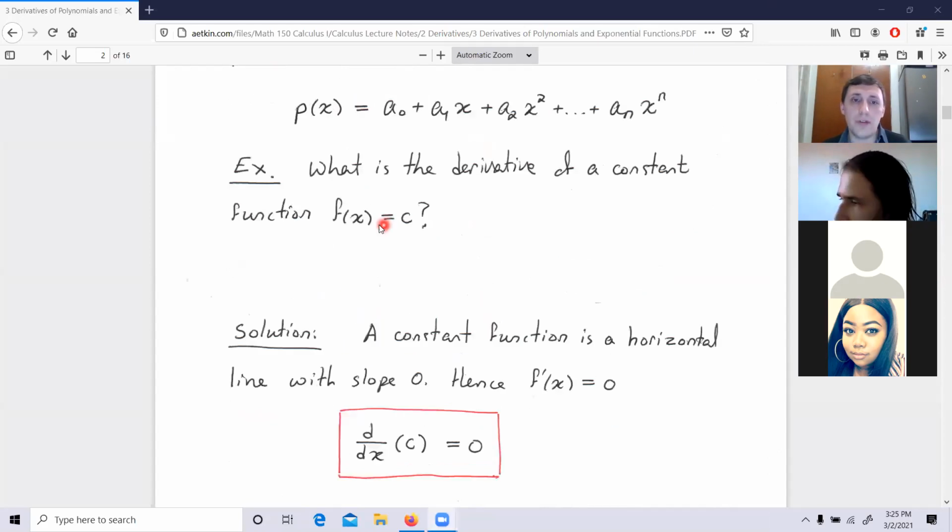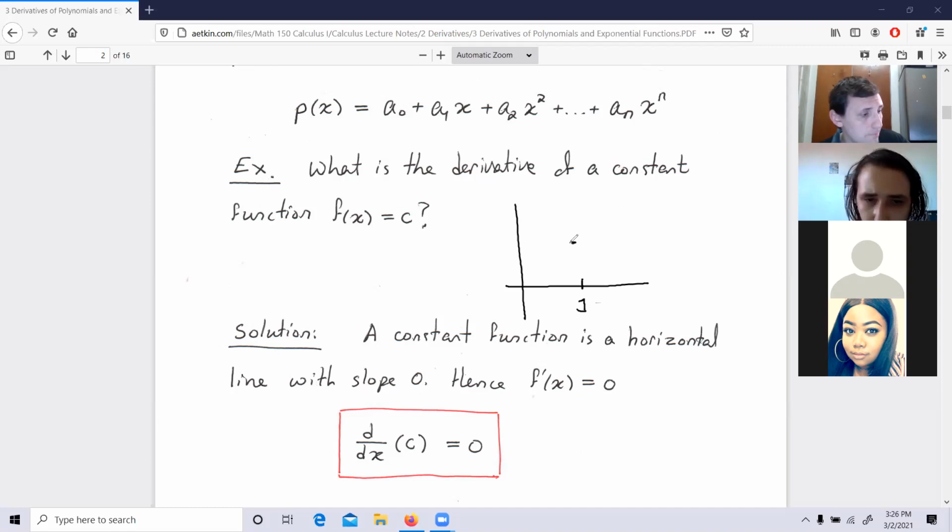How do I know f of x equal to c is horizontal? Think about it, Francis, right? So here is the x-axis. What happens if I plug the value 1? I'm going to get c, right? If I plug the value 2, I'm also going to get c. If I plug any value in between, I get c. Any value here, I get c. Any value here, I get c. Do you see what I'm tracing?